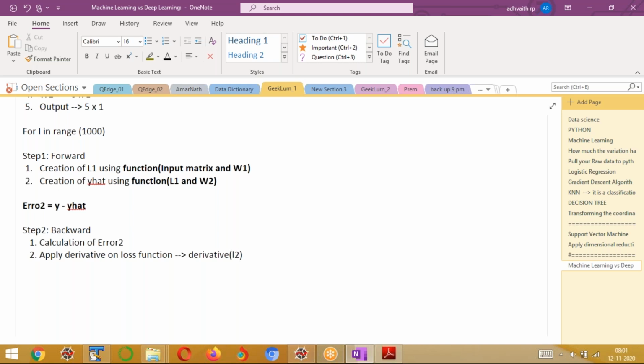So this derivative produces a result, and I'll call it D2, and your E2, that is error 2 values, into derivative of your L2.